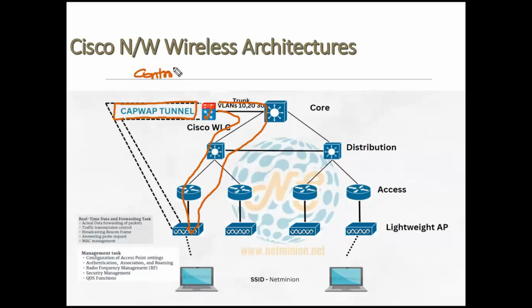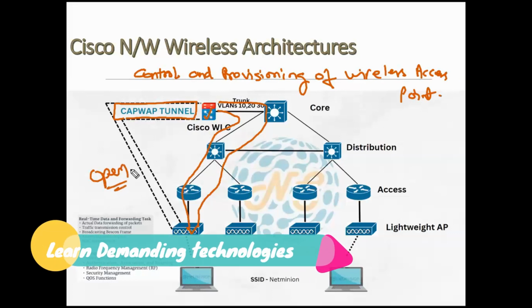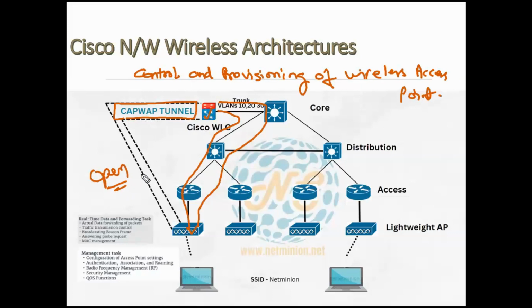C stands for control and provisioning of wireless access points. So it is control and provisioning of wireless access points. It is an open protocol. Earlier, Cisco created it and it was proprietary, but nowadays it's open.